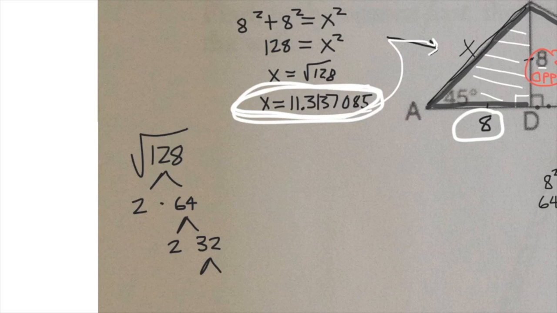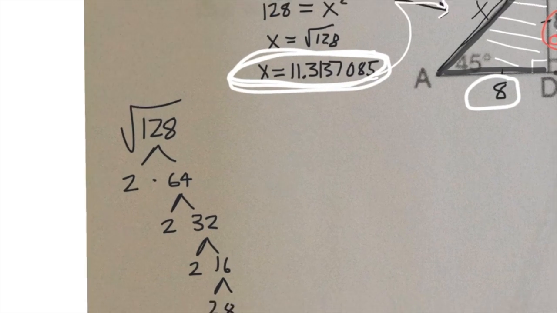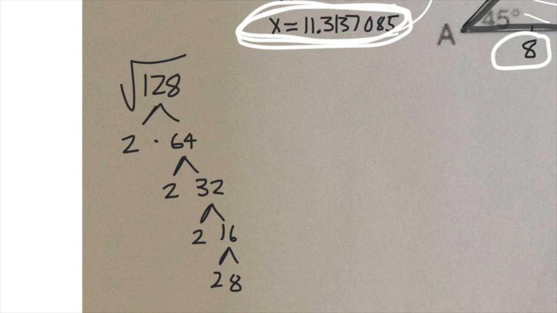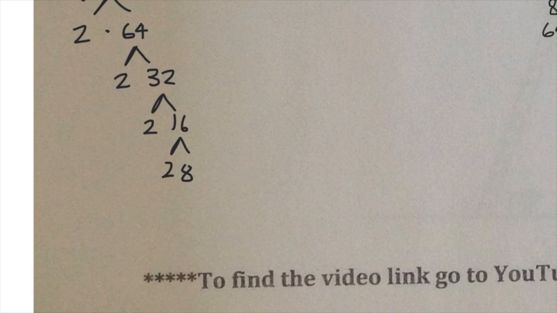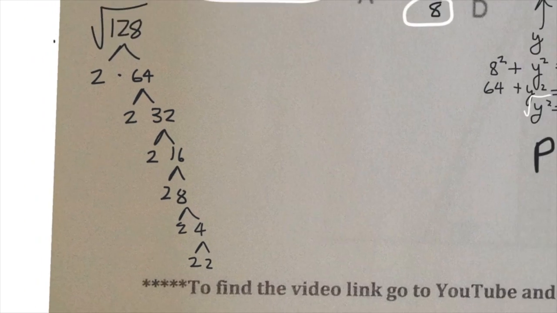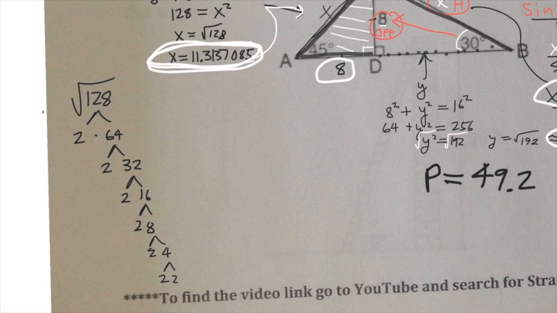And then take the 32 and break it up as 2 and 16, and take the 16 and break it into 2 and 8, and take the 8 and break it up into 2 and 4, and then take the 4 and break it up into 2 and 2, and that's all fine, but I actually think it's kind of a waste of time to do it in that kind of detail. But let's just do it that way.